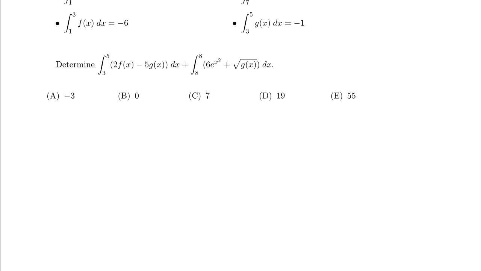So, okay, when I'm looking at this integral here, the first thing that I notice is that this integral here, I'm going to circle it, is an integral from 8 to 8. And so using property 2 above, I know that that integral is equal to 0, right?